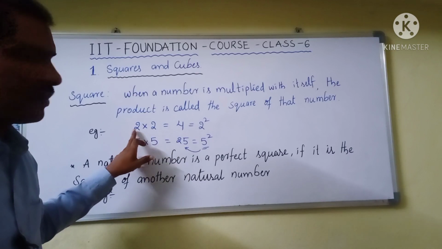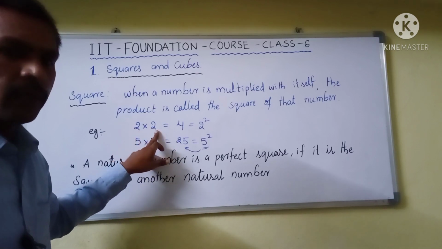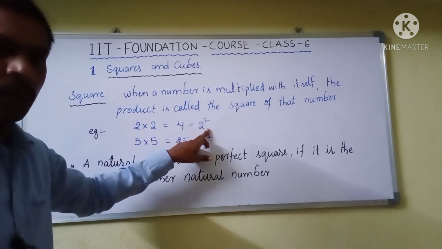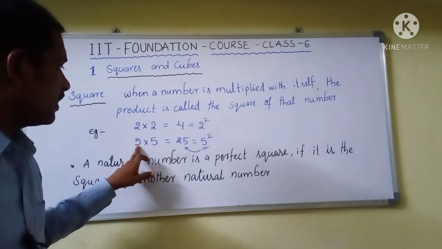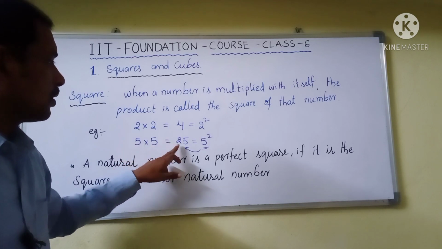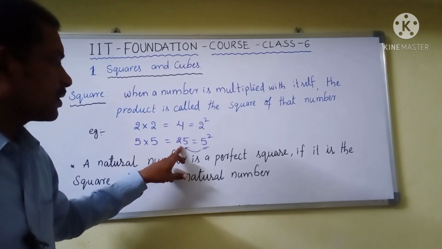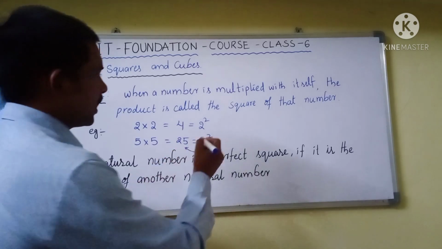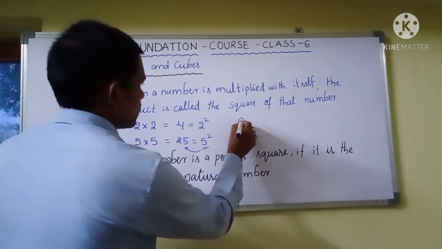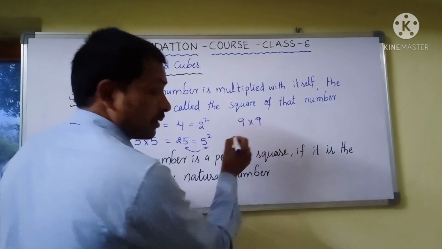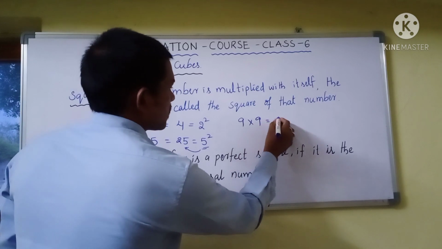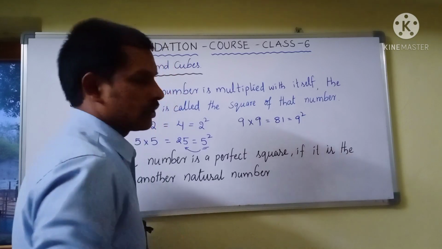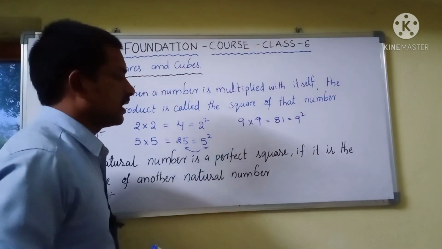Here 2 is multiplied with itself, so the product 4 is the square of 2. Here 5 is multiplied with 5, so the product 25 is the square of 5. In the same way, we can write many examples. For example, 9 is multiplied with 9, so the product 81 is the square of 9. That means 9 square is 81.